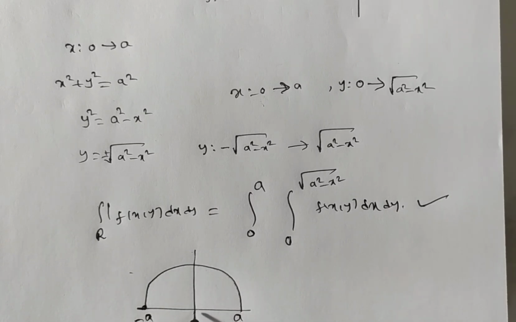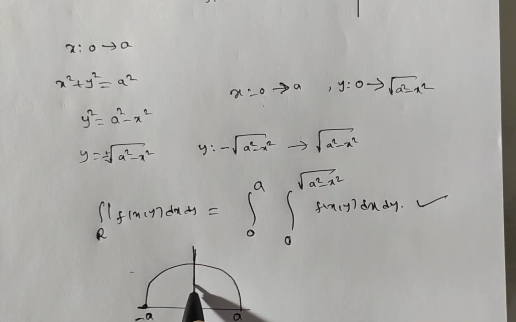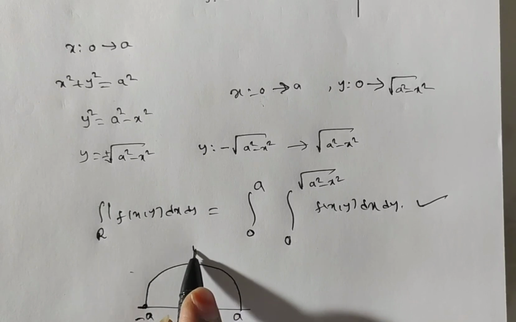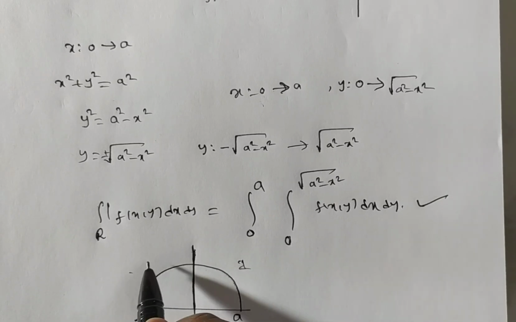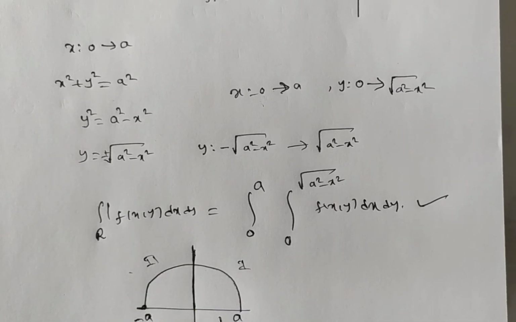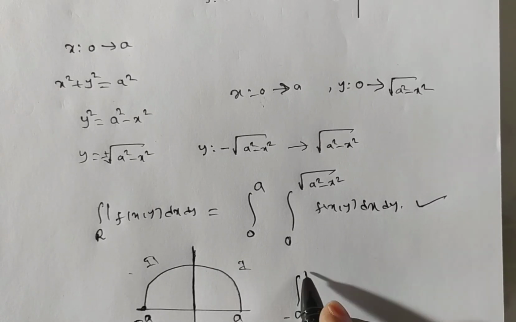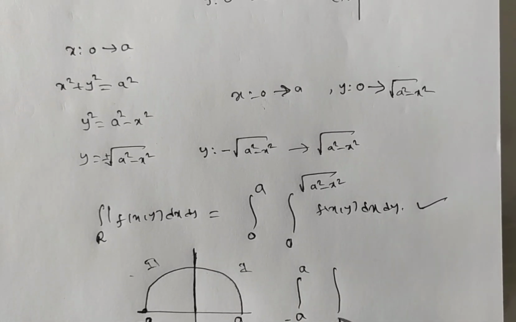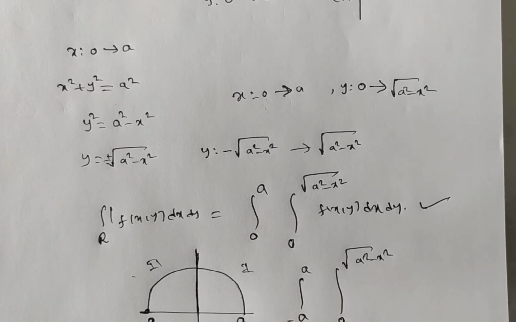On the y axis, all the values in the first quadrant and the second quadrant are positive only. So here you have to take x from minus a to a and y from 0 to square root of a square minus x square.